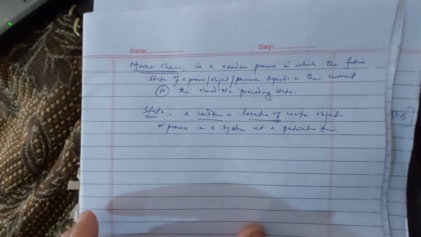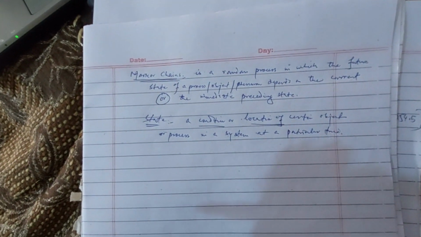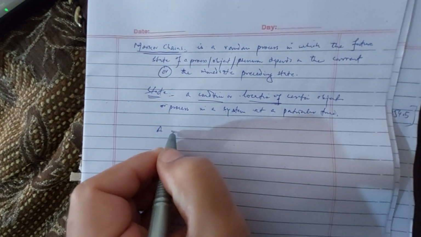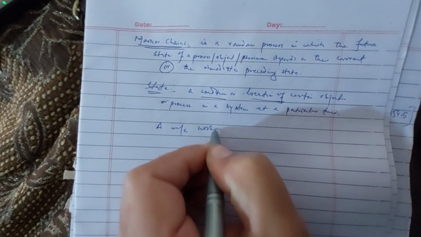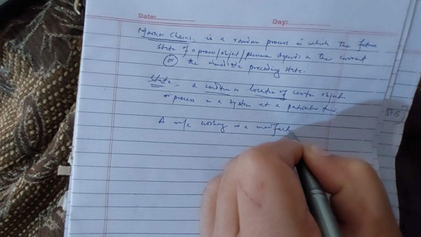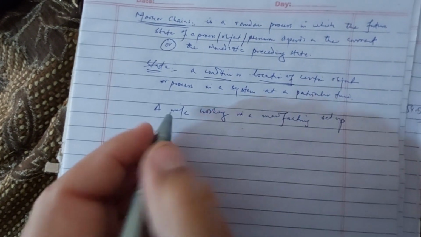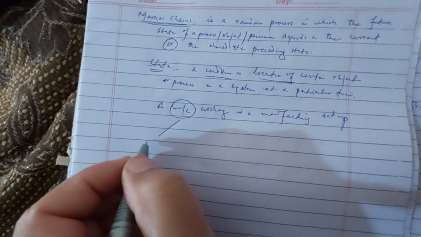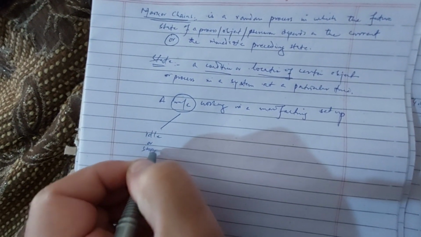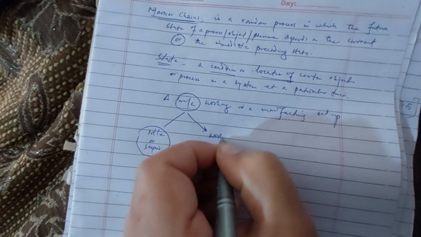Okay, so for example, the states can be defined as, for example, we have a machine working in a manufacturing setup. So this machine actually can attain two states. It is either idle or stopped, or it is in working condition.